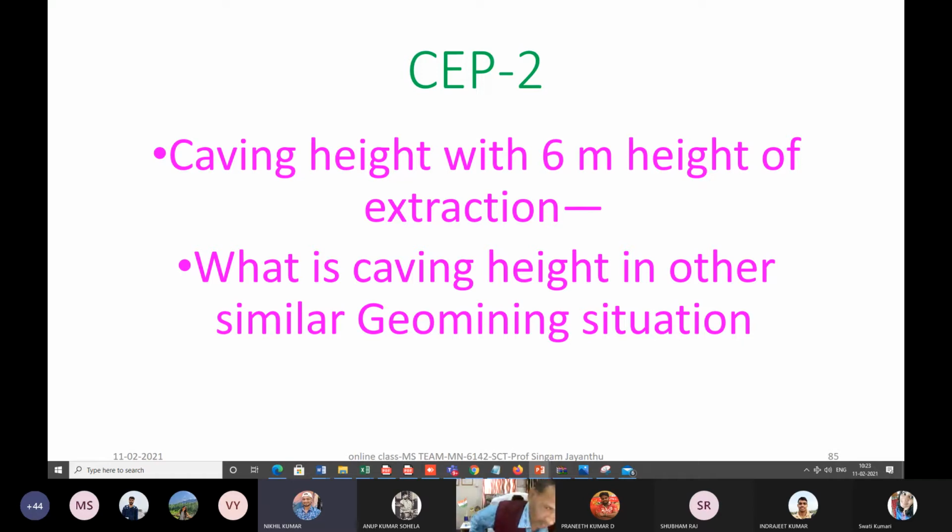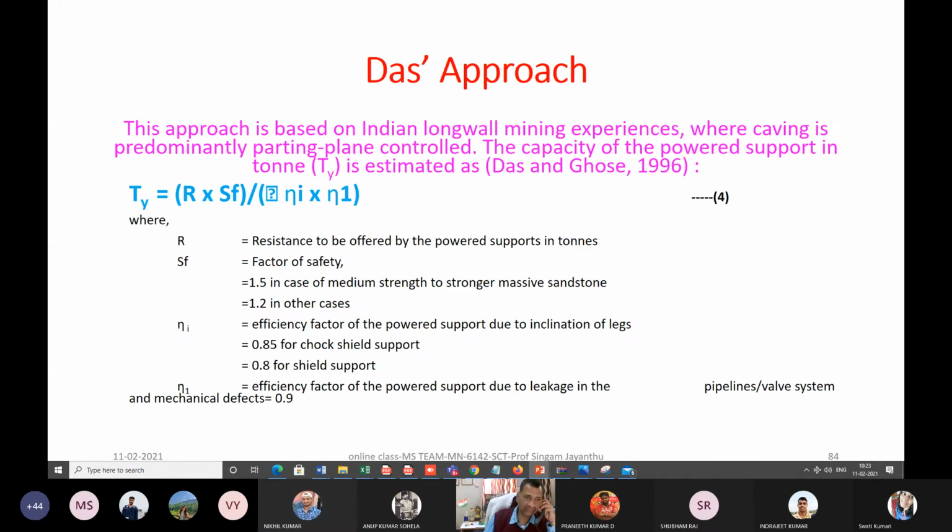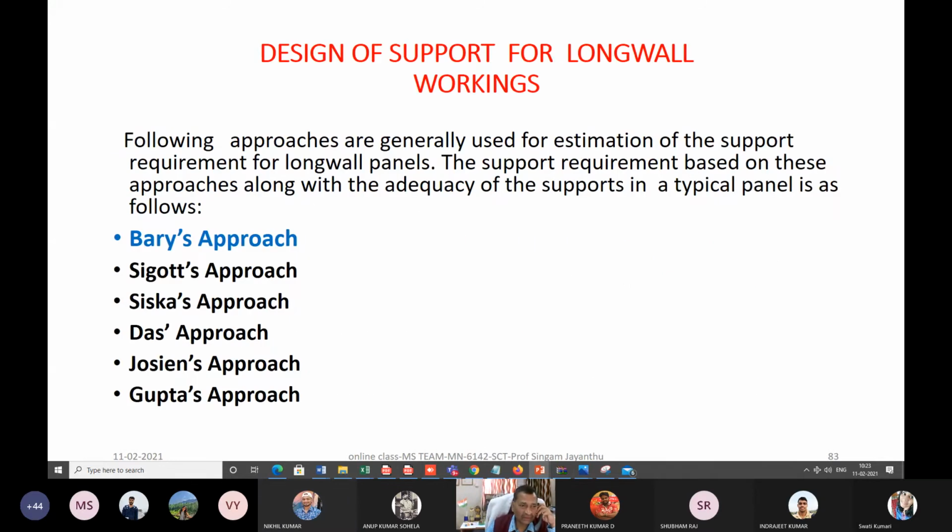This is the CP2 question. Caving height with 6 meter height of extraction. What is caving height in other similar geomining situations?